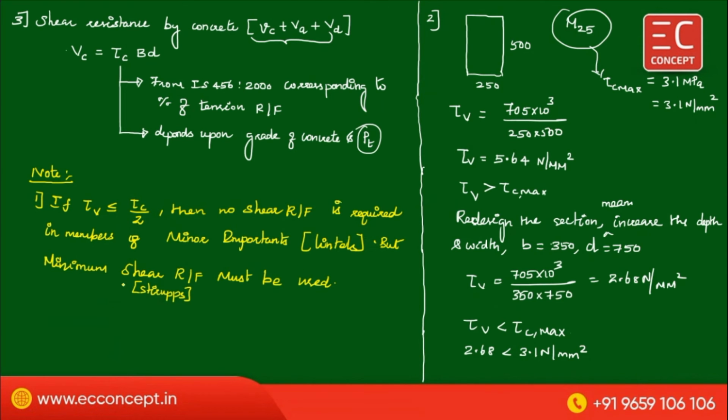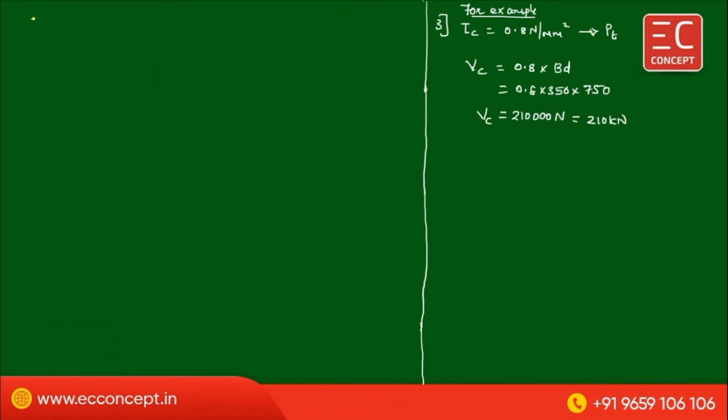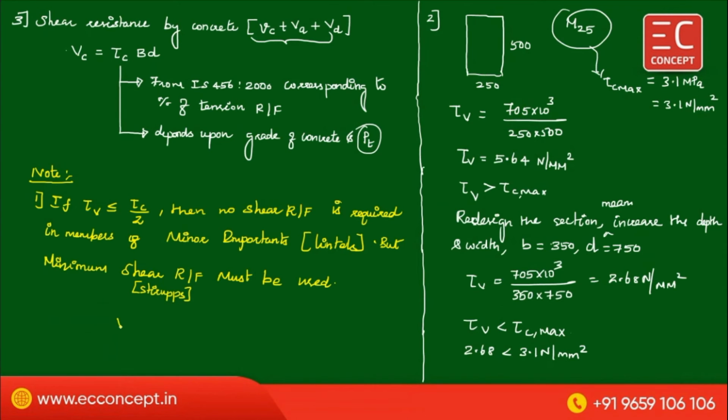Shear reinforcement here means stirrups. So this is the first point. Second point under this, and this was calculated by using a formula. This formula they will directly ask you in the examination. ASV divided by B into SV, which is greater than or equal to 0.4 divided by 0.87 FY.